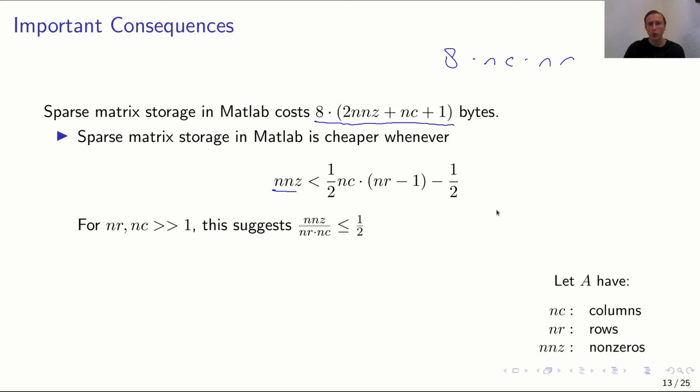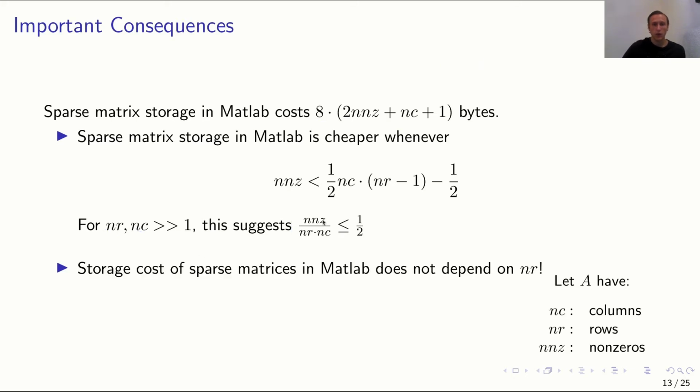Now, it's not a particularly pretty expression, but for very large matrices, which is generally when you use sparse structures, this suggests that the density of our objects, so the number of non-zeros divided by the total number of elements, should be less than 1/2, which I suppose is a reasonable bound for when this sparse storage should be cheaper than the full storage. Now, another important consequence to note here is that this expression, the memory that it costs us, does not depend on the number of rows in our object.